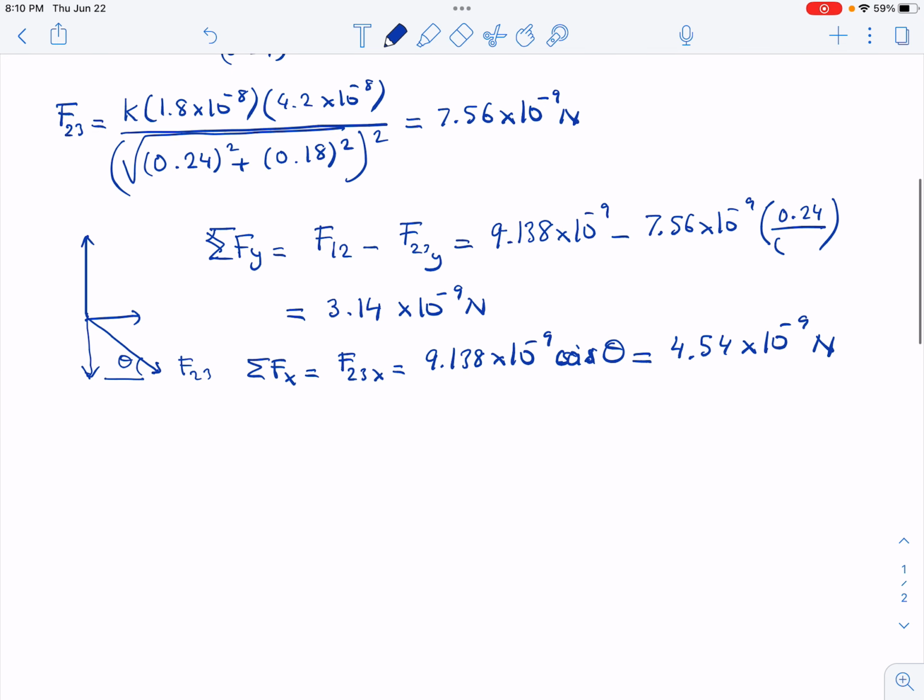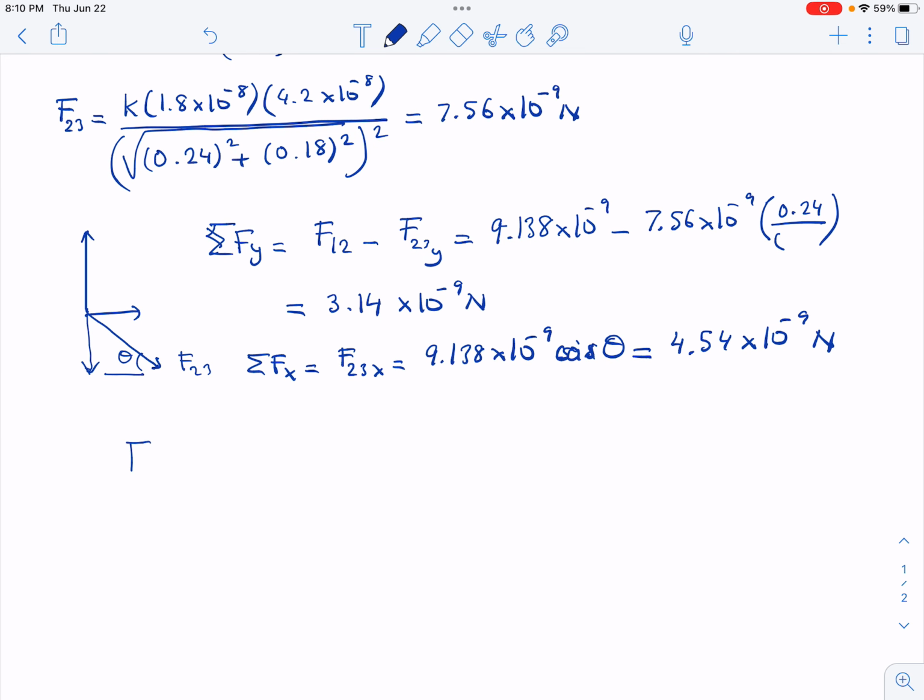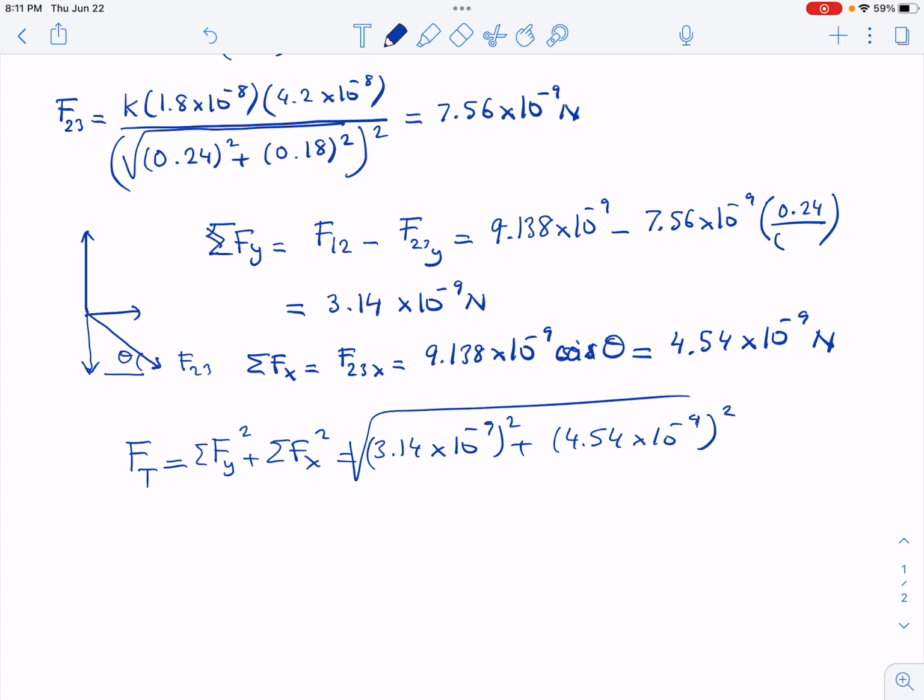This problem was like 5, really. So the total electrostatic force is the square root of total Fy squared plus total Fx squared, which is right here: 3.14 times 10 to the negative 9 squared plus 4.54 times 10 to the negative 9 squared, square rooted, and you get the answer 5.5 times 10 to the negative 9 Newton.